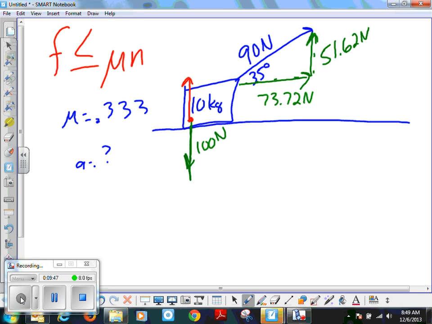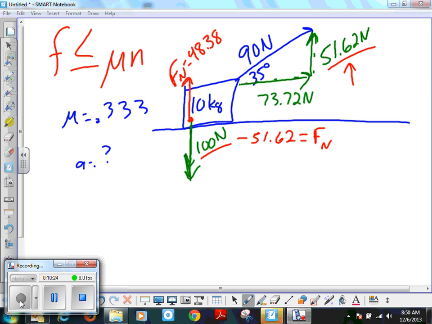The normal is going to be less than 100 because it's getting pulled up over here by 51.62. So now all the surface has to apply to keep that thing from falling through is going to be 48.38. So the force normal here is 48.38. And how we got that? Well, we took 100 minus the 51.62 that the rope was pulling up, and then we got our force normal.